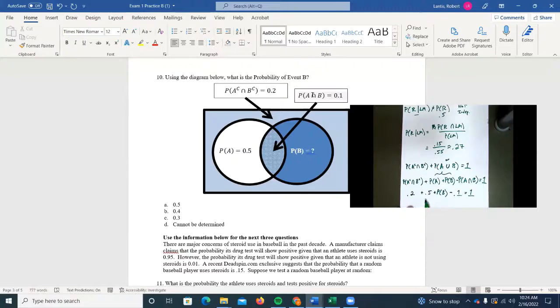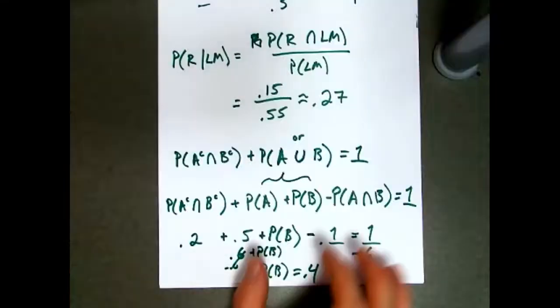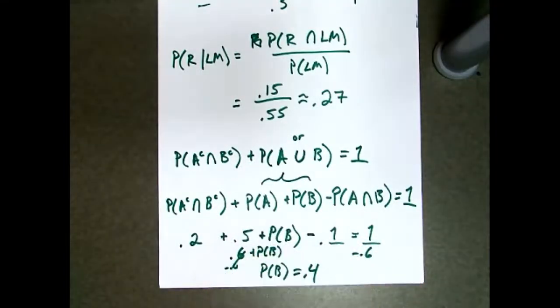So I've got 0.7 minus 0.1. If I add these up, I get 0.6 plus the probability of B. Subtract 0.6 from both sides, and I'm left with the probability of B should be 0.4. Once I had that written out, I had one equation, one unknown, and then it's just a little bit of algebra.